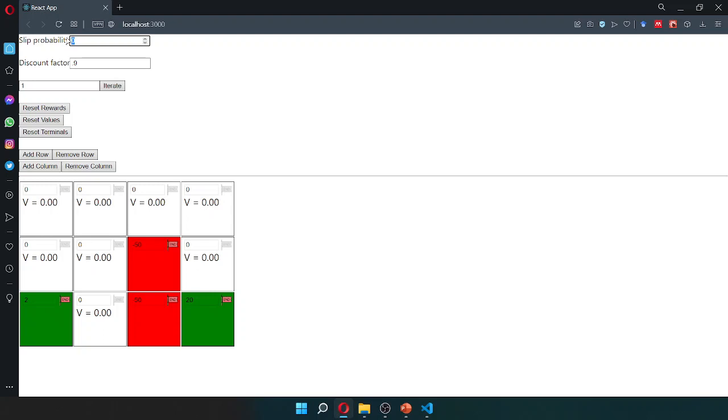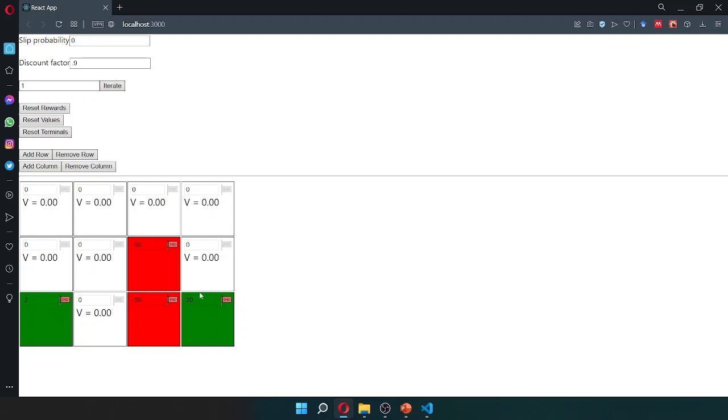The slip probability is basically the probability that the agent will take a random action that is against your current action. For example, you are in this state, and then your agent decides to perform the action down.